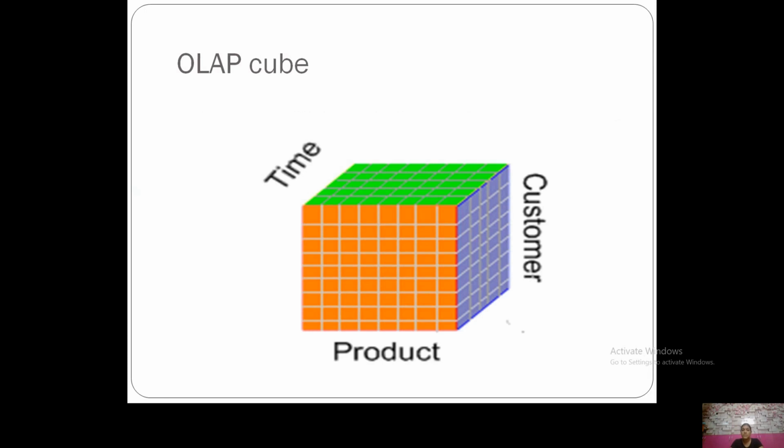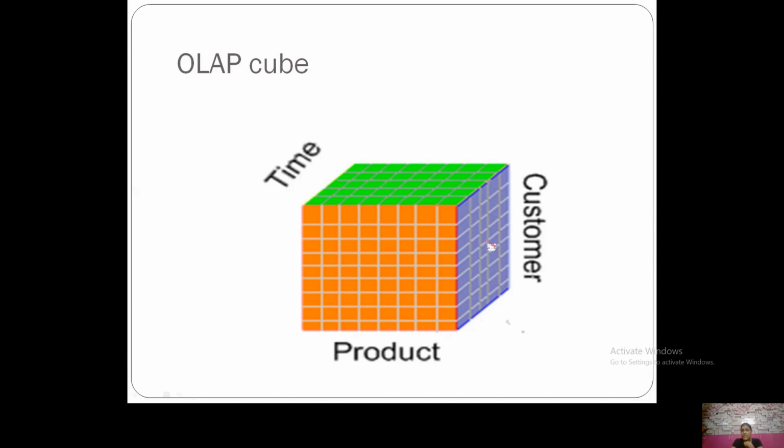This is an example of an OLAP cube. Here we are storing the information of a business system. Here we are on the orange face side of the cube. We will be storing the names of the product, and on the green face side, we will be storing the time required to prepare that product.